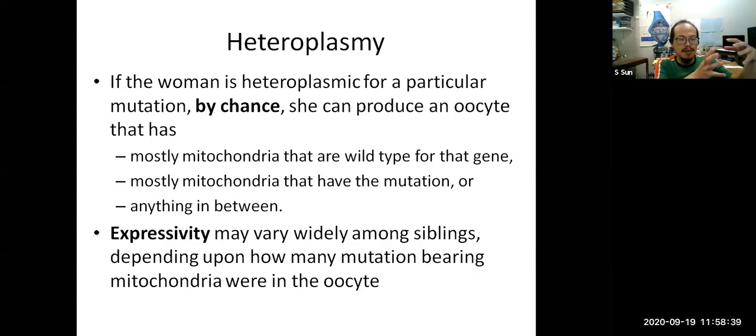Maybe one egg carries a lot of bad mitochondria, but the other egg doesn't. So the distribution can be different, and the expressivity will vary among siblings, because some may get the egg which carries a lot of bad mitochondria, but another may get an egg with no bad mitochondria at all.